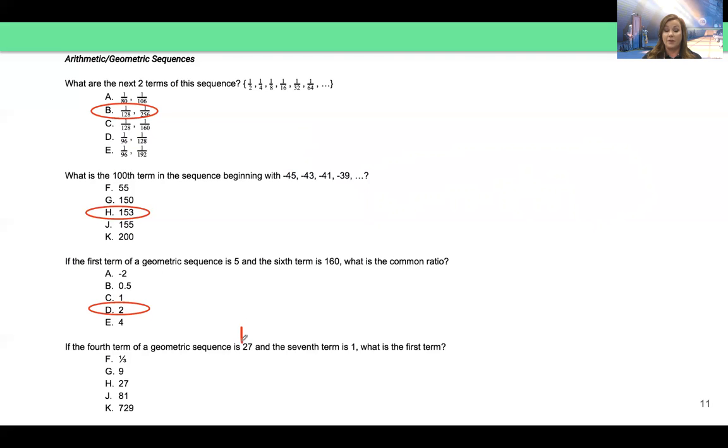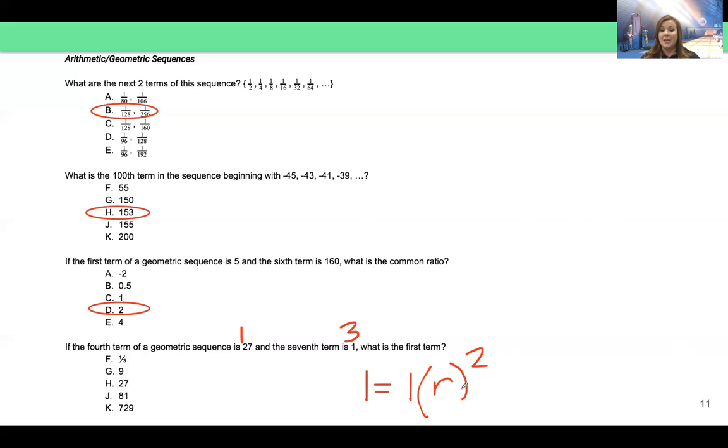And if this is the first, then from 4, you go 5, 6, 7. That will make this the third term. So I find out what my ratio is using this. So if the third term is 1, that's a sub 3 here, then it's going to be my first term, 1, times whatever the ratio is to the n minus 1, 3 minus 1, which is 2.